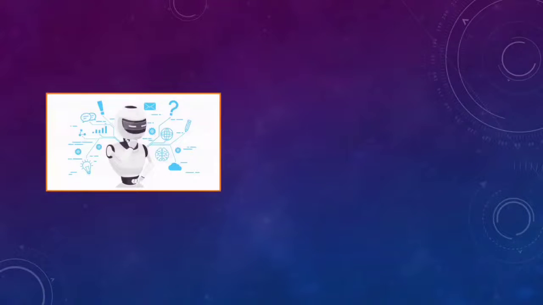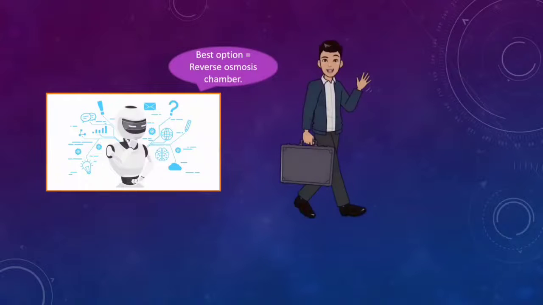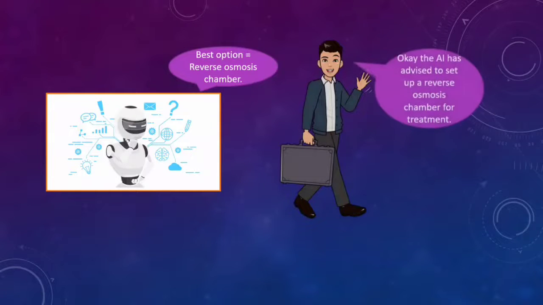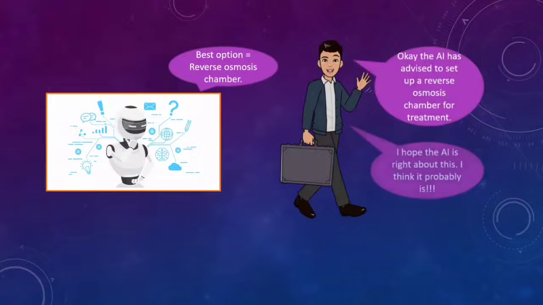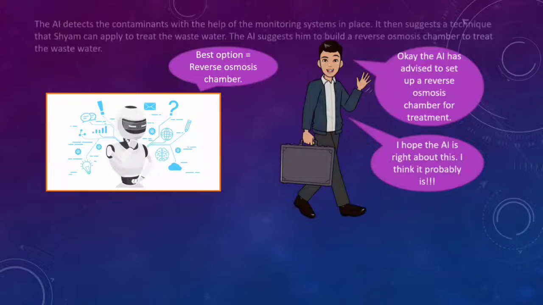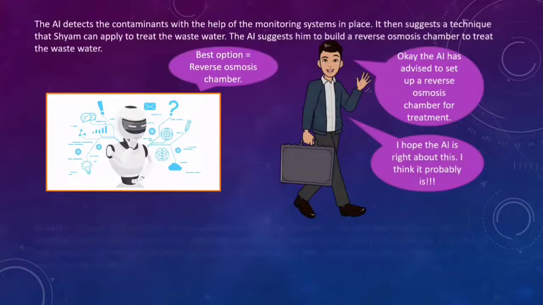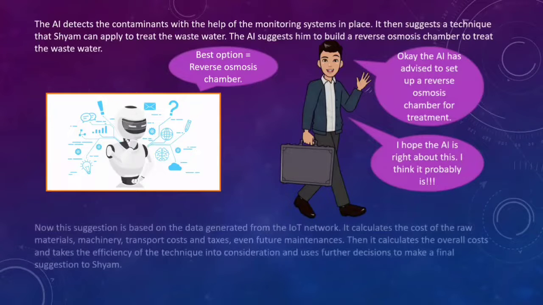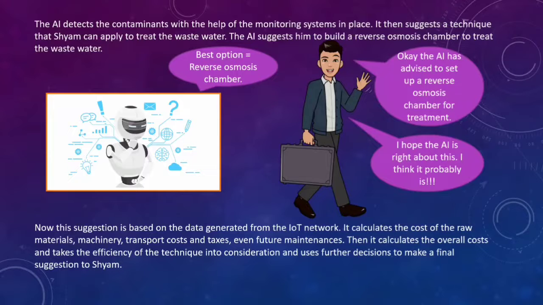The AI detects the contaminants with the help of the monitoring systems in place. It then suggests a technique that Sham can apply to treat the wastewater. The AI suggests him to build a reverse osmosis chamber to treat the wastewater.